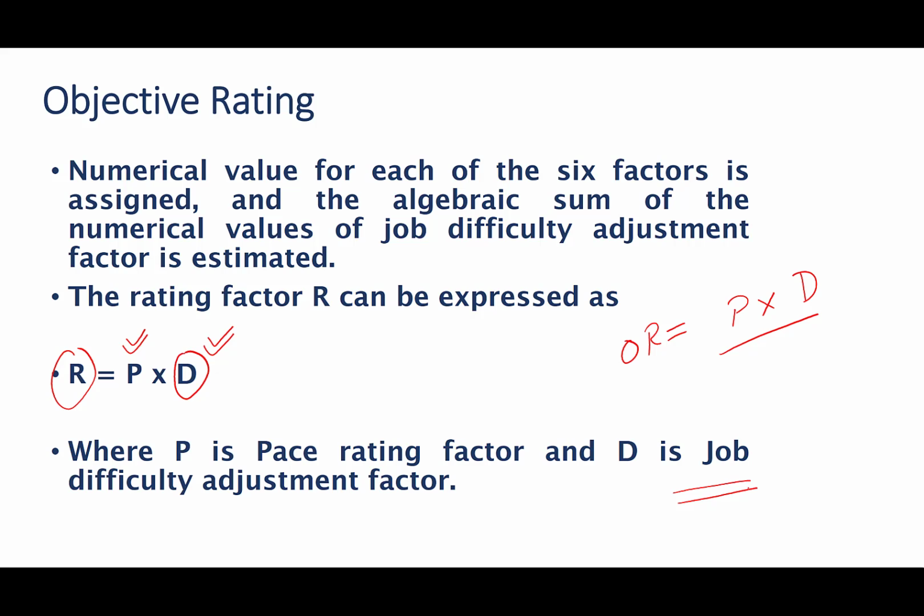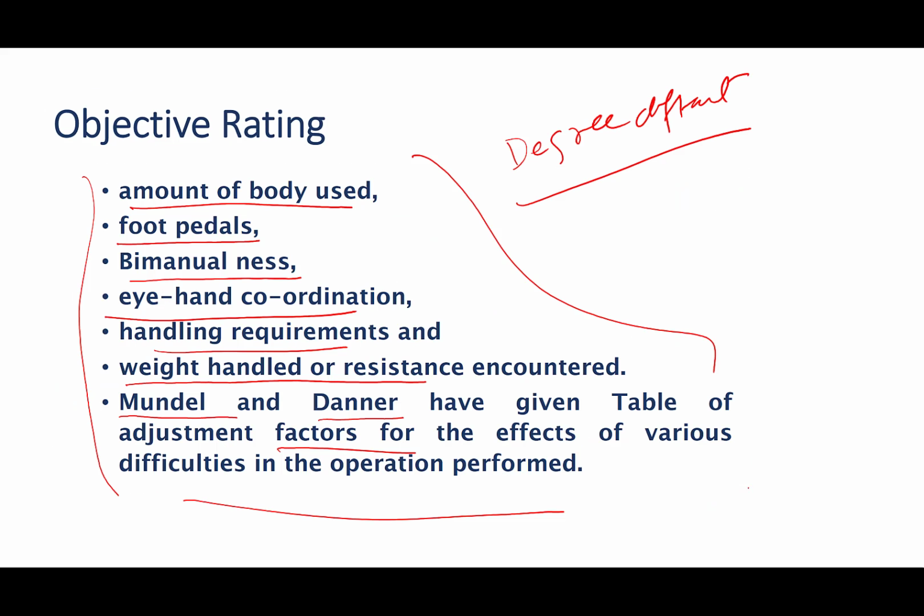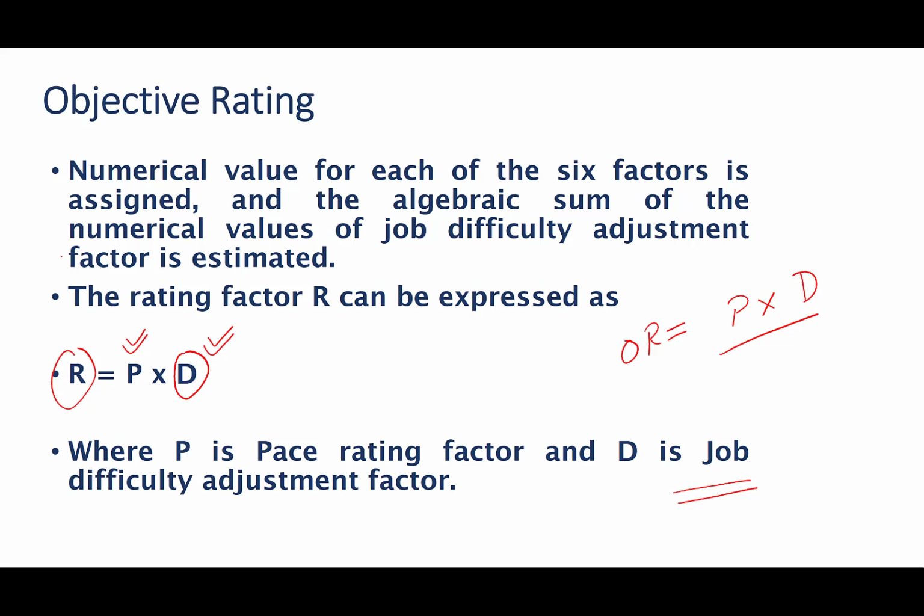It considers the various factors associated with how much difficulty is involved in performing a job, depending upon the weight, complexity, body use, etc., as I said in the previous slide. Depending upon these factors, the degree of difficulty is identified, and that is used with the pace rating to find out the objective rating.